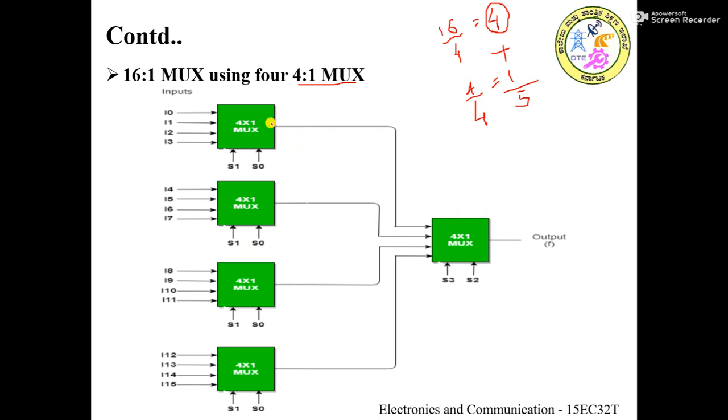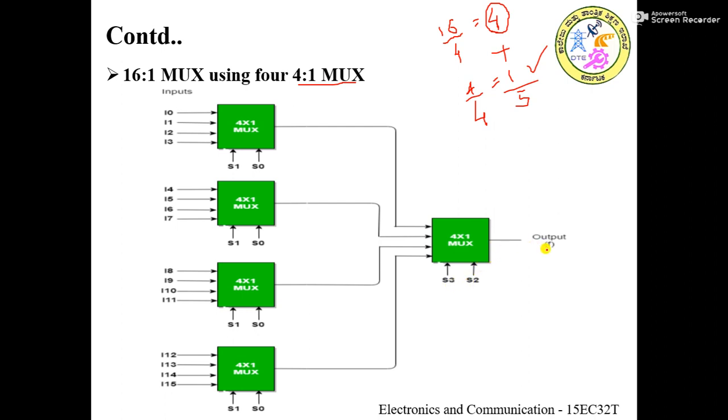Okay, and the outputs of these 4:1 muxes are nothing but again 4, and these outputs are fed as input to the last 4:1 mux IC here. So as I already told, this will have separate select lines, that is S2 and S3.